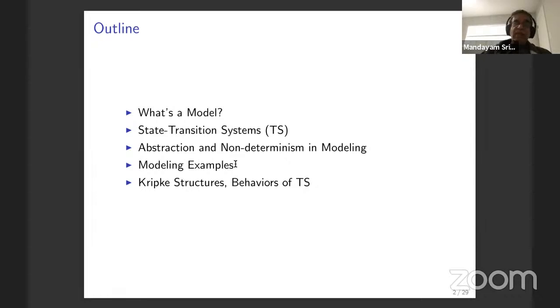These are the three components that will be the subject matter that we will be studying in this course. In the last class, I introduced the modeling formalism that we'll be using for modeling our systems, called a transition system.